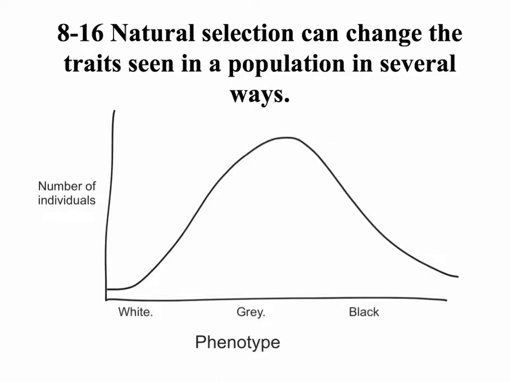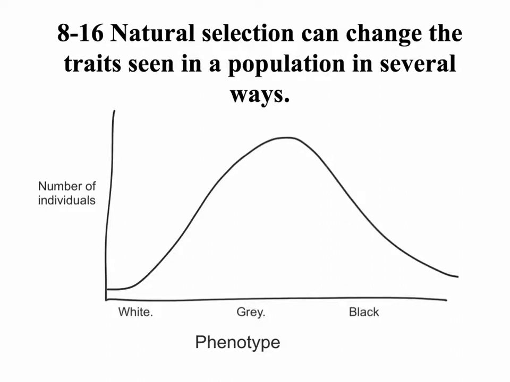We're going to start with our original population before evolution occurs. We're going to pretend that these are mice, and some of them have a white phenotype, some have a gray phenotype, and some have a black phenotype. We see from this graph that the majority of the mice have a gray phenotype.